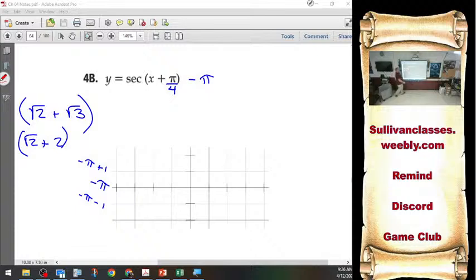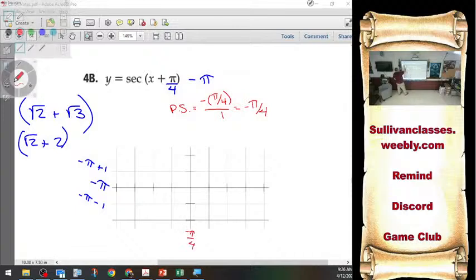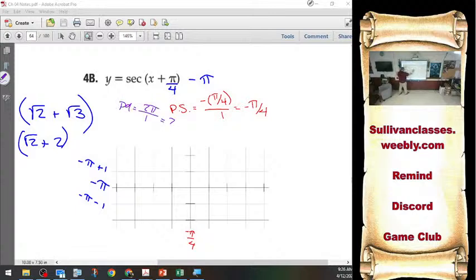Phase shift is negative C over B, and my period is 2 pi over B. B is just 1, so 2 pi. So my quarter marks are pi over 2 increments.